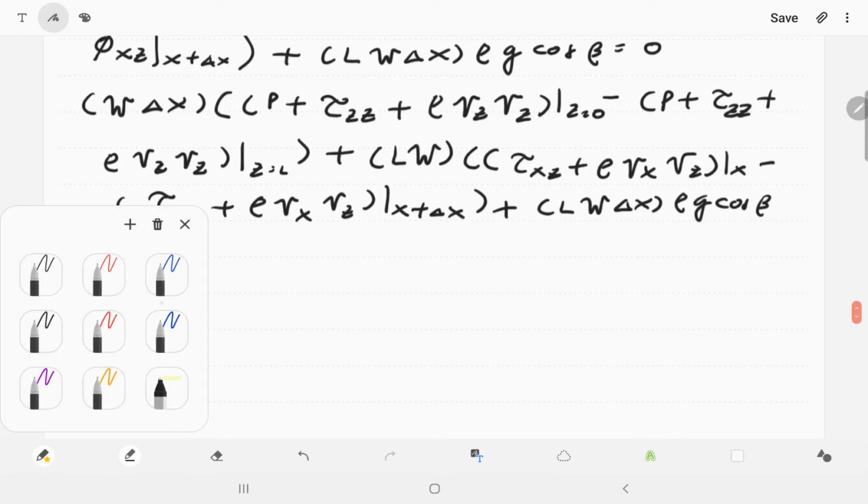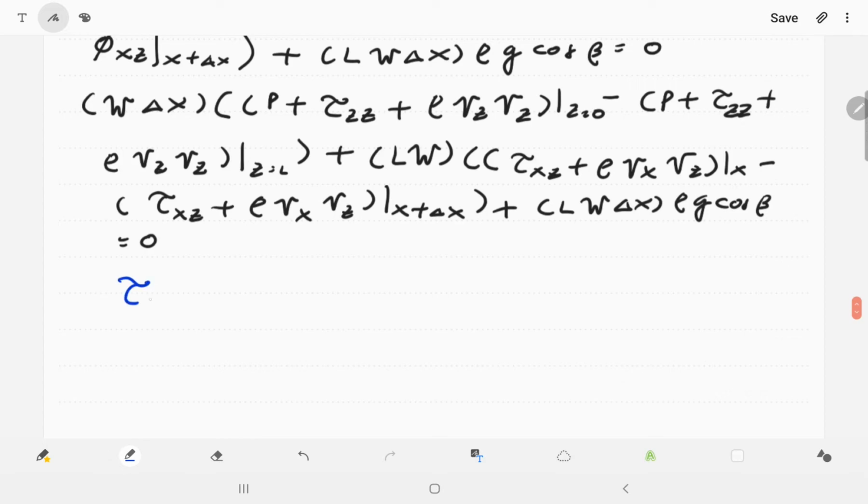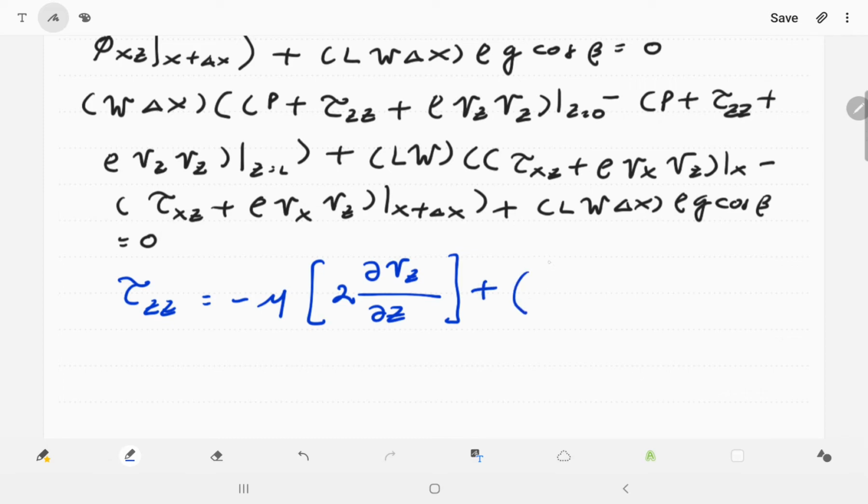And let me put in a different color in here to make it clear. Your tau ZZ will be equal to minus mu. This formula can be obtained from the slide that I give to you, and also in the Bird Stewart and Lightfoot book.